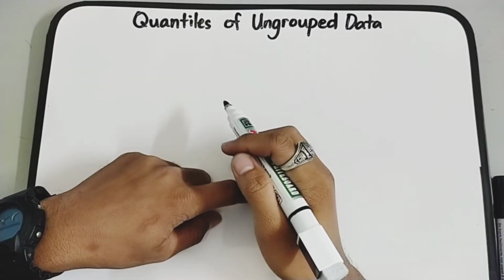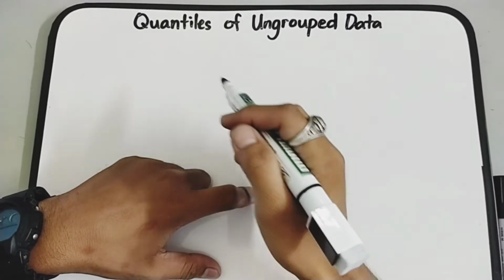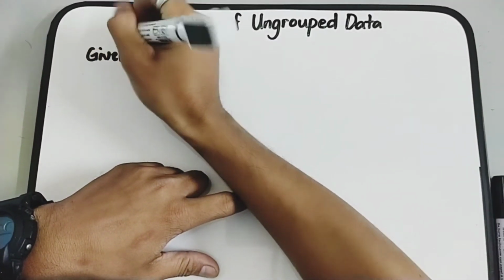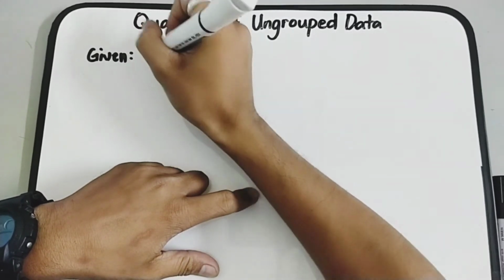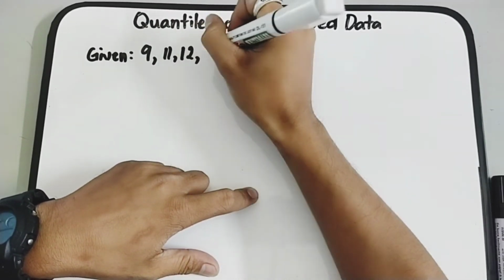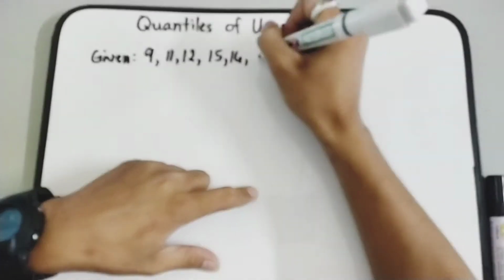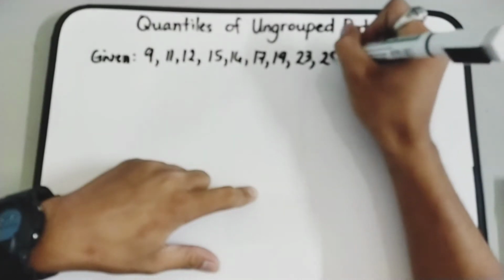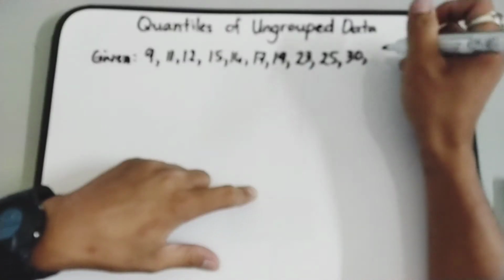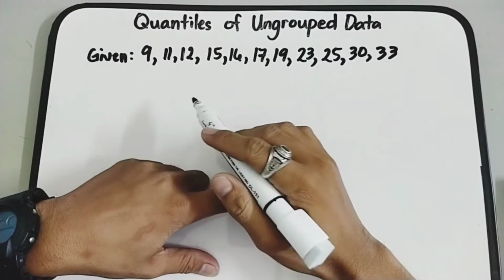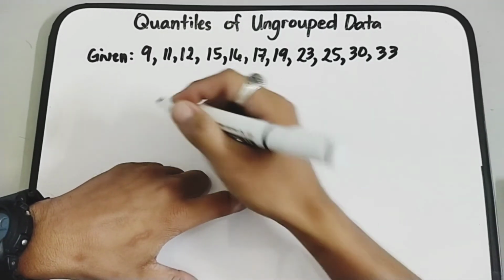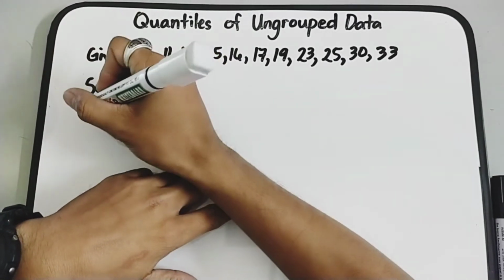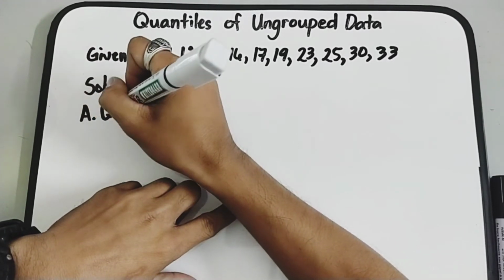Pag-usapan natin yung ating example number 1. Wherein our data are, or yung given natin, we have 9, 11, 12, 15, 16, 17, 19, 23, 25, 30, and 33. Ito yung mga given natin, which is 11 sila. And we are going to solve: letter A, Q sub 1, yung quartile 1.